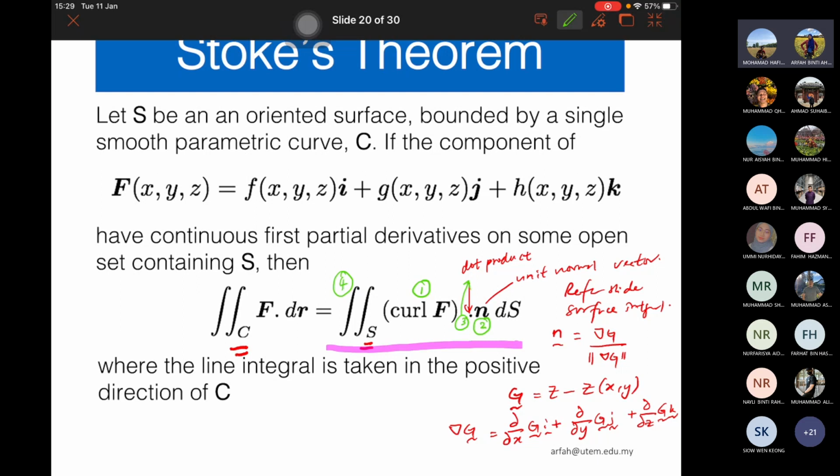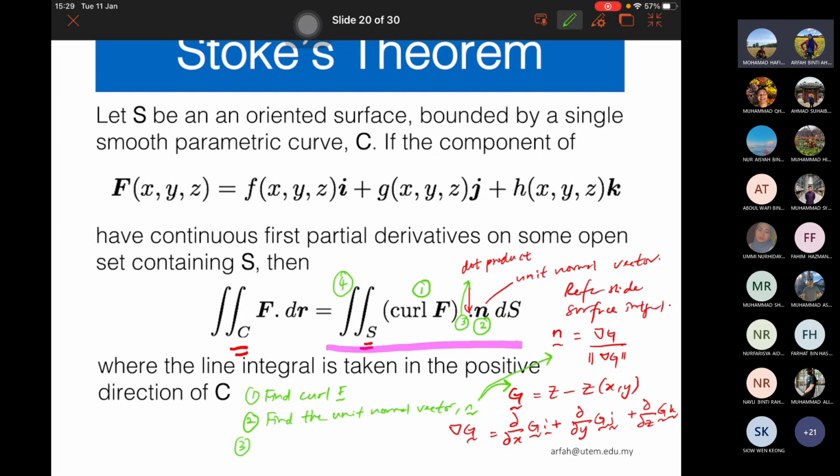Okay. So first, you have to find curl of F. And then yang kedua, find the unit normal vector, and by using this formula and this one.